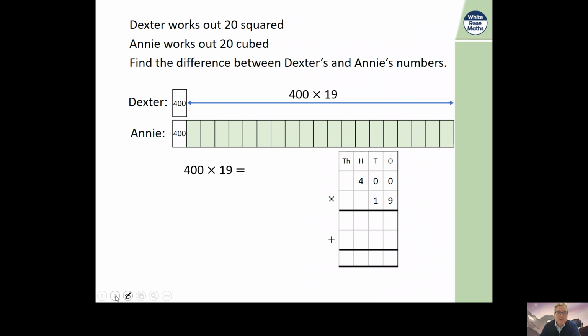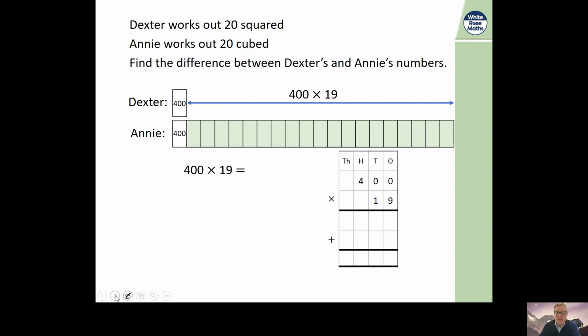So at this point we have a visual representation, then a formal written method. Remember how to do that. The key point, I think, with the formal written method is remembering the place value.